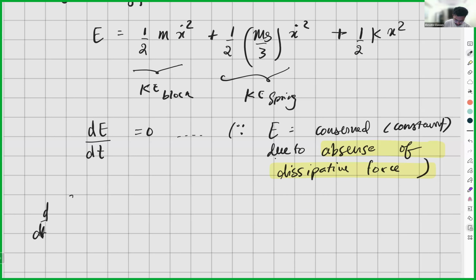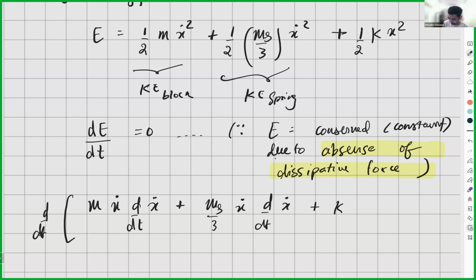So as soon as you do this, d dt of the energy becomes m x dot into x double dot, because there will be derivative of x dot, plus you will get ms by 3 x dot into d dt of x dot, plus k x into dx by dt.